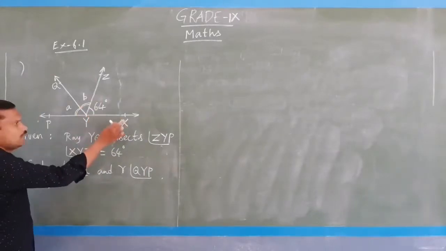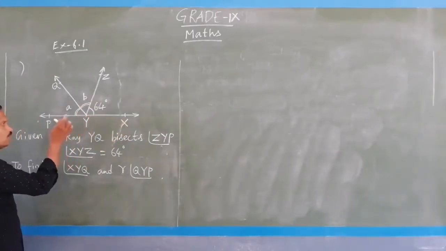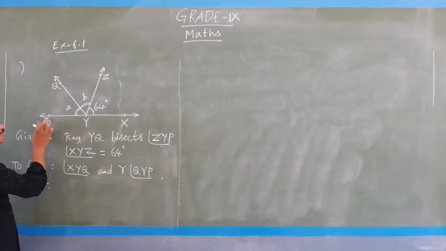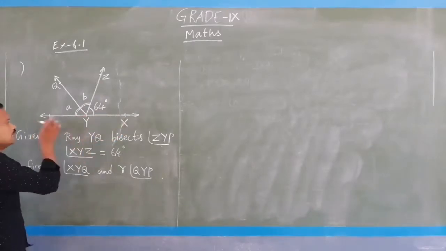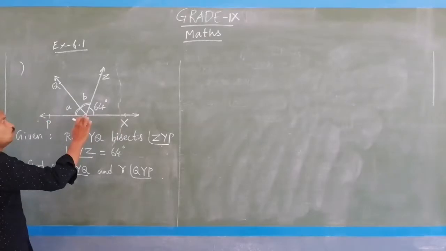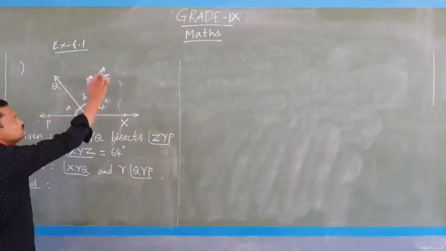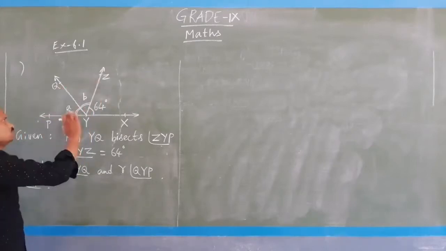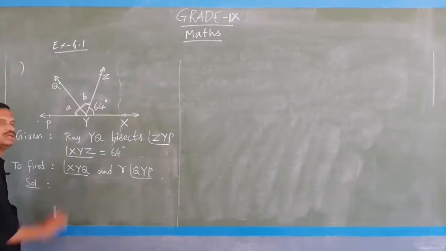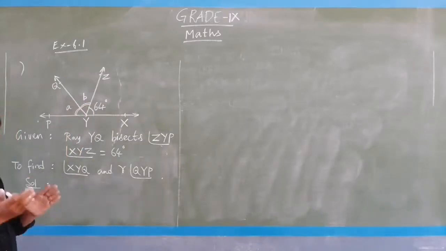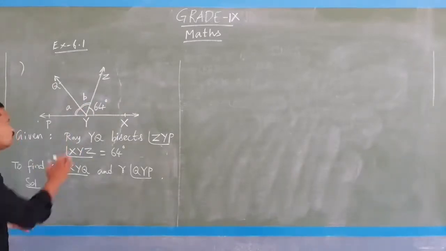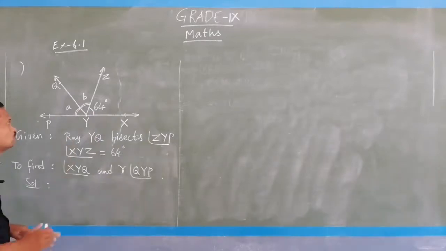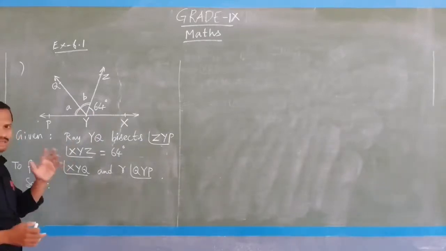After that, you produce XY up to the point P, and this is a straight line. YQ is a ray that bisects PYZ. Bisect means making two equal halves, so angle A and angle B will be equal. These are the information we get from the diagram.